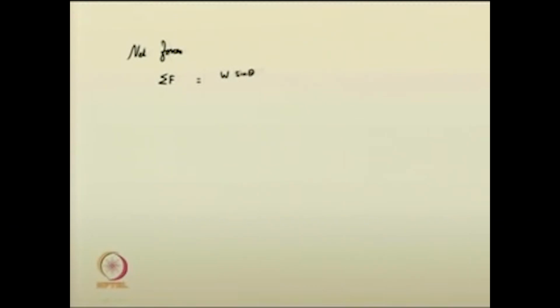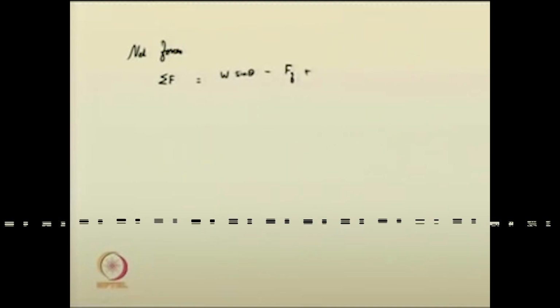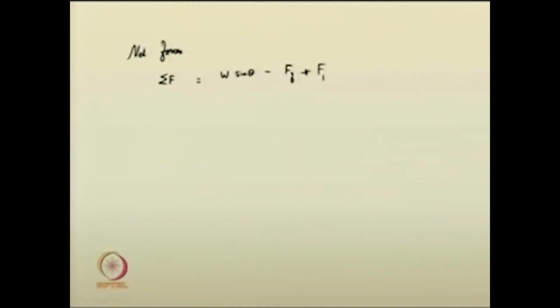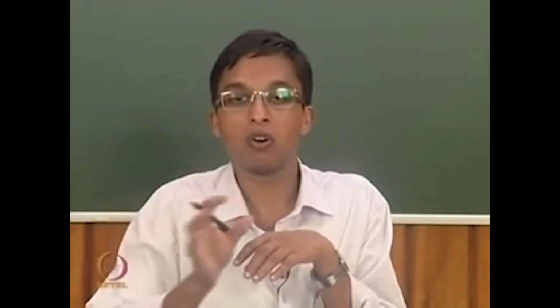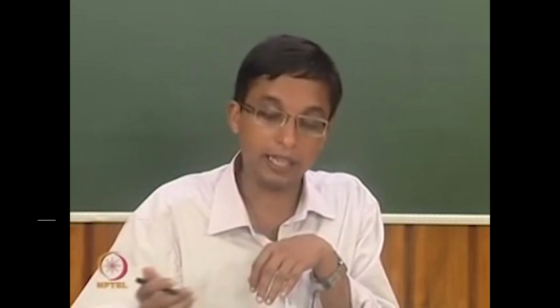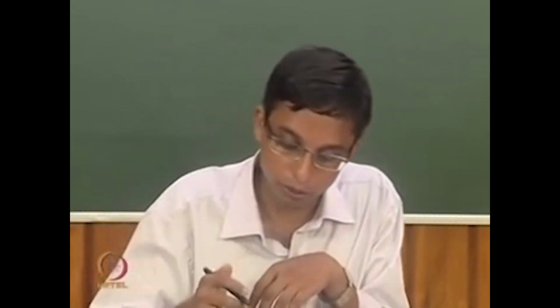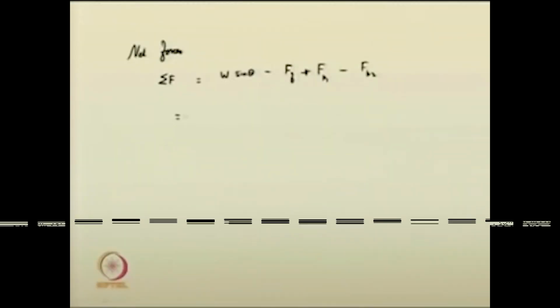Sigma F is equal to W sin theta minus F_f plus F_P1 minus F_P2. You know the pressure force in section 2 will be acting in the opposing direction of the flow. That is the concept we have already learned earlier also.